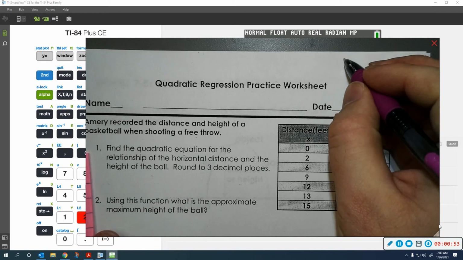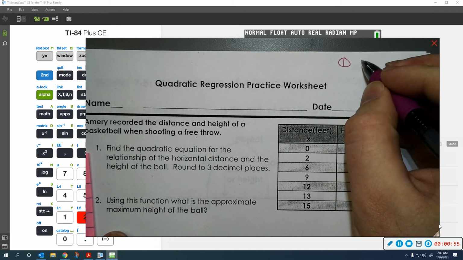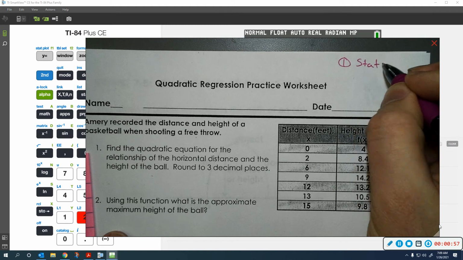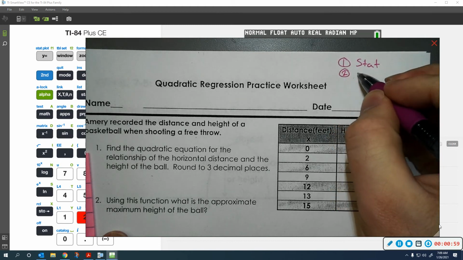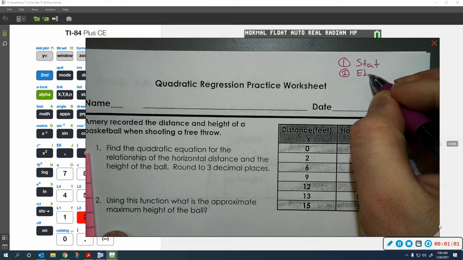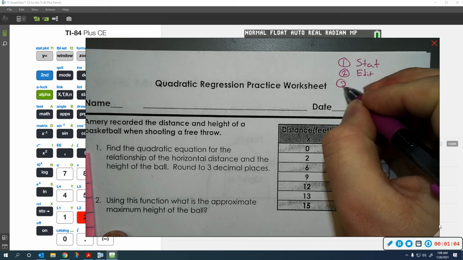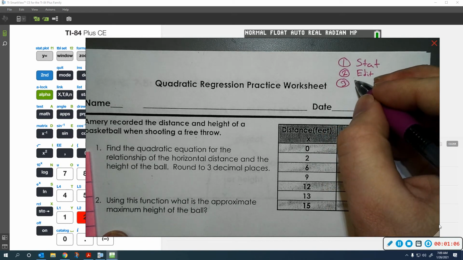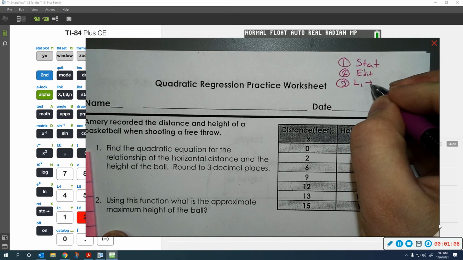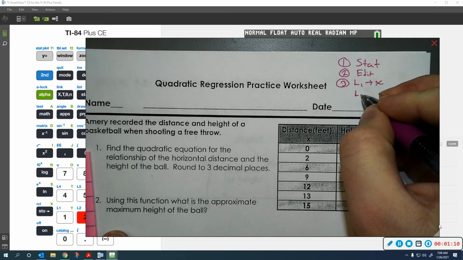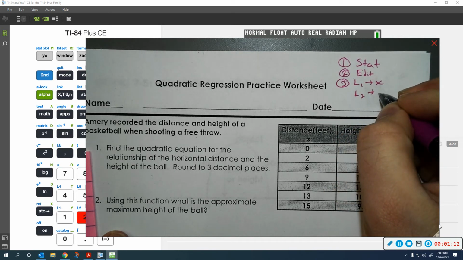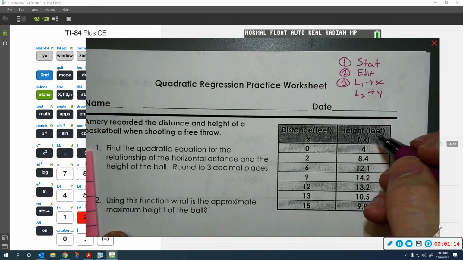The first step is you need to go to the Stat menu. Second step, you go to Edit. Third step, on your L1s, you're going to put in your X values. On your L2s, you're going to put in your Y values. This is very similar to linear regression.